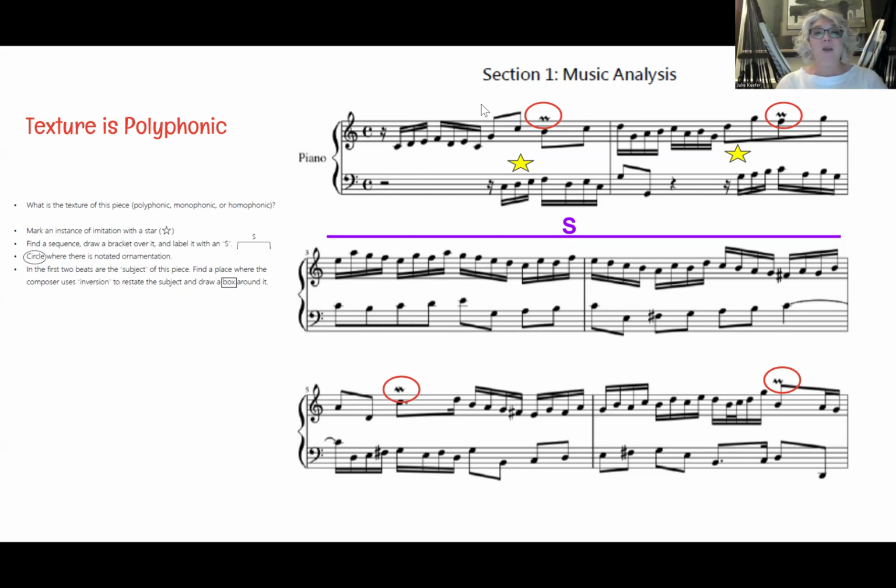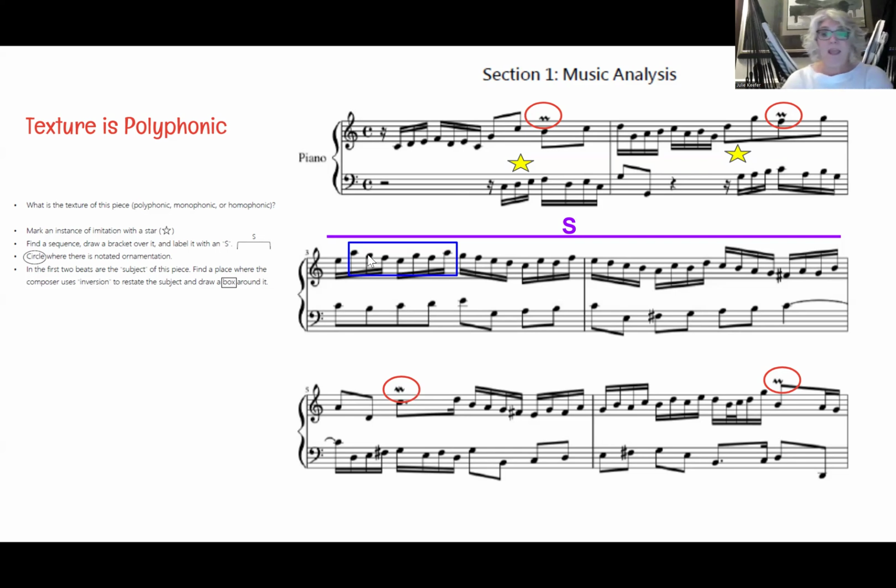Now, again, we're dealing with notes going up and down. So that means if we're looking for the first 4 notes being up here, we want to look for 4 notes going down. So if you look here, 1, 2, 3, 4, so there's down, and then it goes up instead of going down. It goes completely opposite.